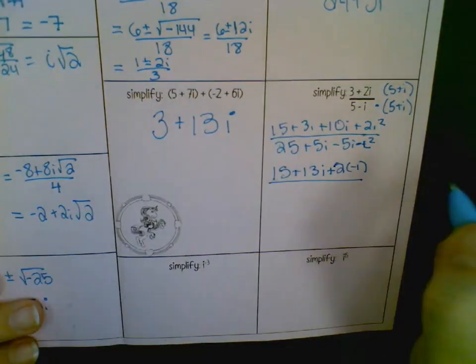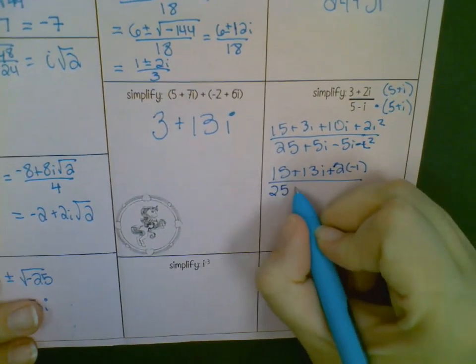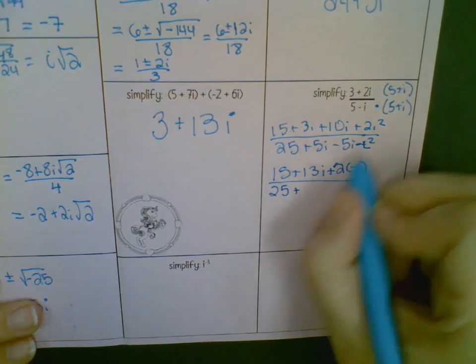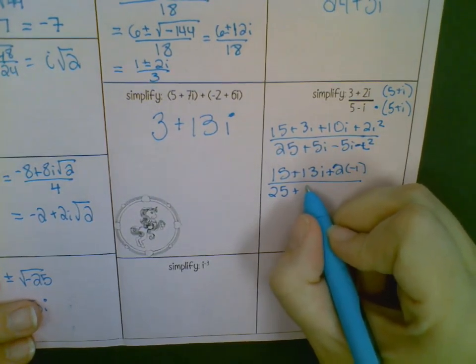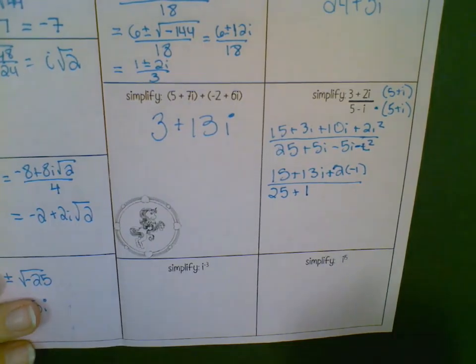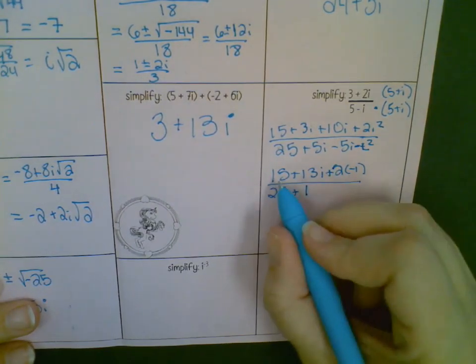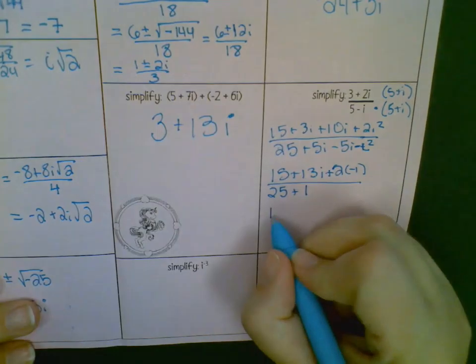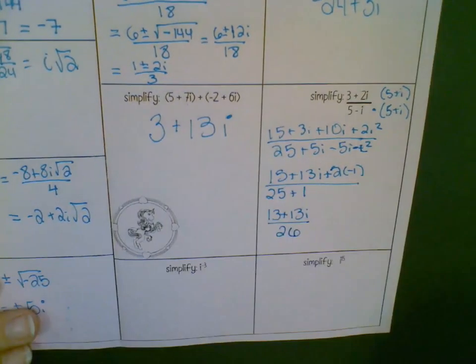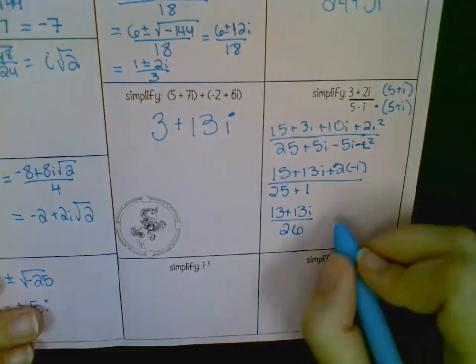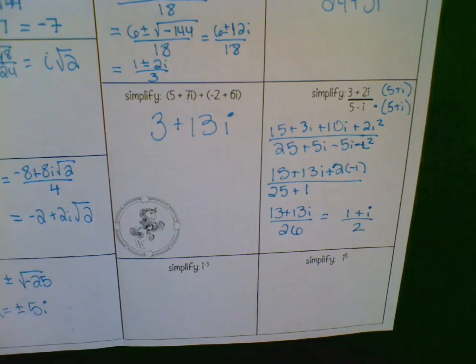Change that i squared to negative 1. So negative and negative would make it positive. So 15 minus 2 is 13, plus 13i, over 26. And then we have a common factor of 13, which we can reduce.